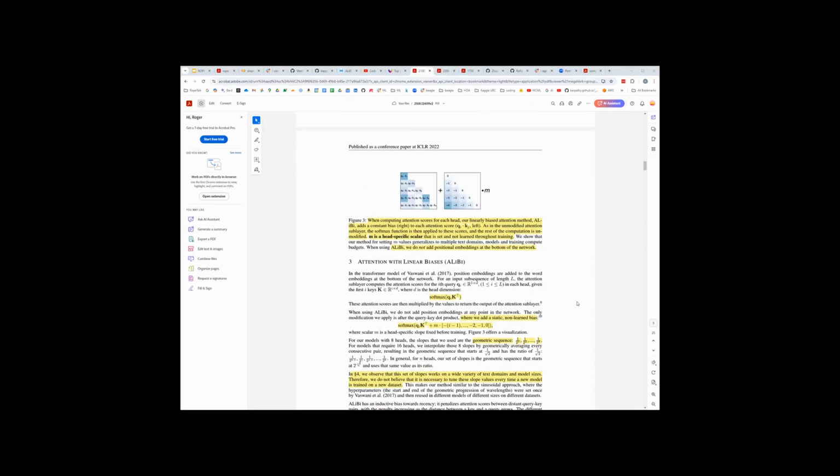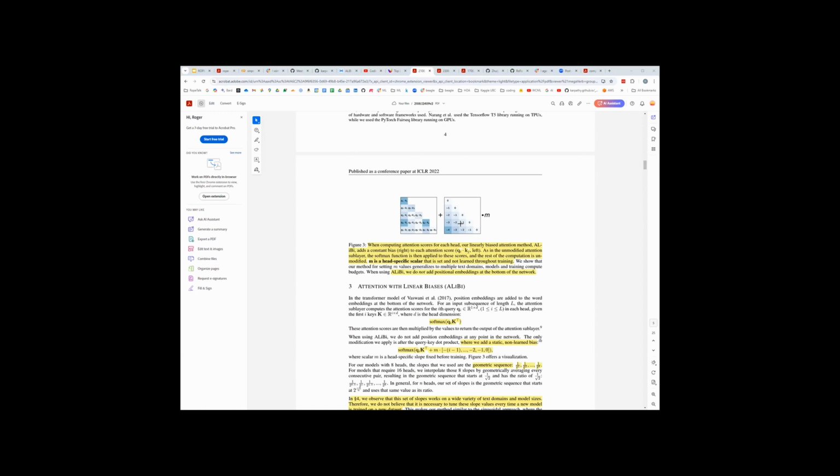Well, that's what this is for Alibi. Here's your attention bias. It's linear. But it's only adding to the output. So it's the actual dot product itself that gets biased, not what goes into it. Yeah.